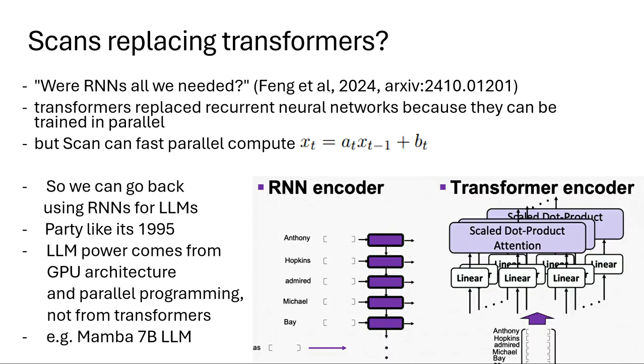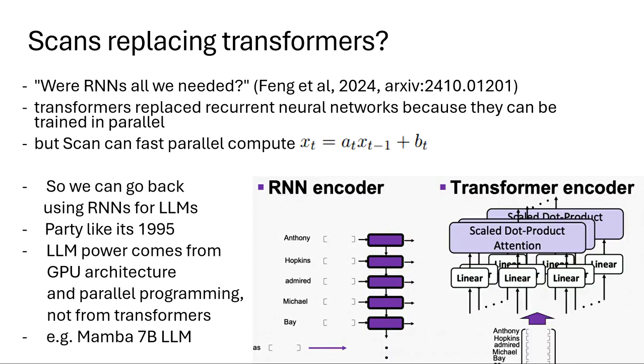So this suggests that actually all the gains that have been made in this round of AI are entirely due to architecture and parallelism and GPU power and buying stuff from NVIDIA rather than advances in this fancy transformer algorithm.